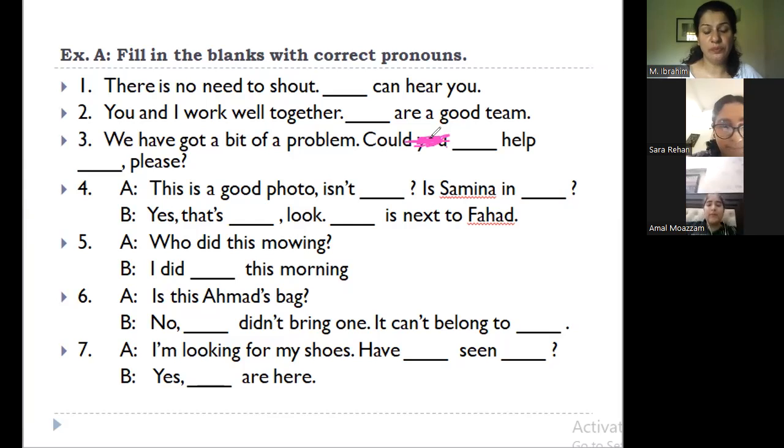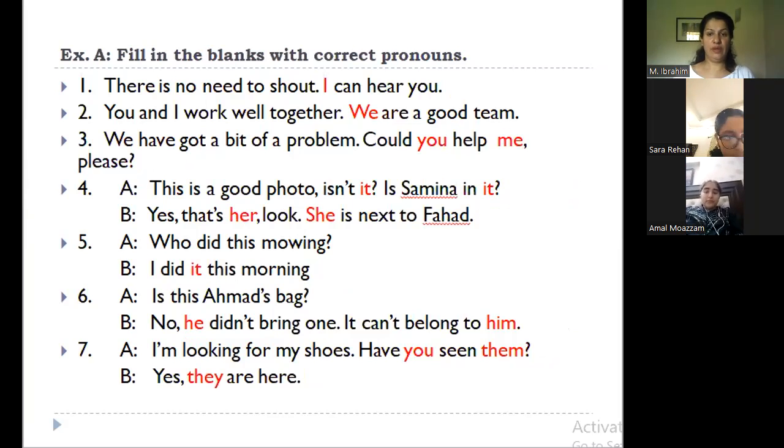Amal, the last one. I'm looking for my shoes. Have you seen them? Yes, they are here. Very, very good. Here are all the answers. When I post it on GC, I'll fix it.